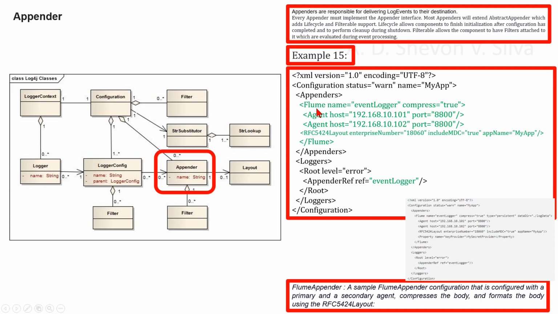Usage as an embedded agent will cause the message to be directly passed to the Flume channel and then control will immediately return to the application. All interaction with remote agents will occur asynchronously.